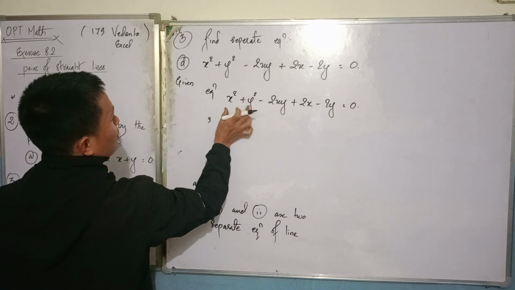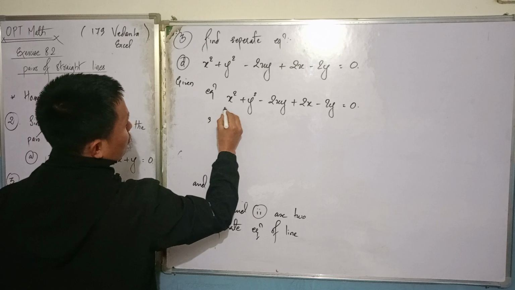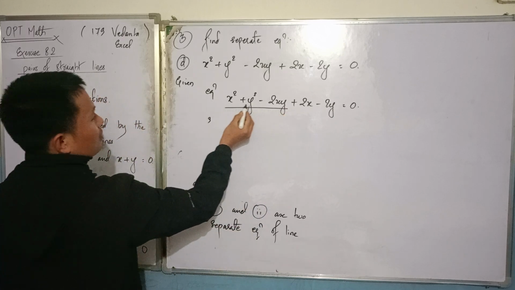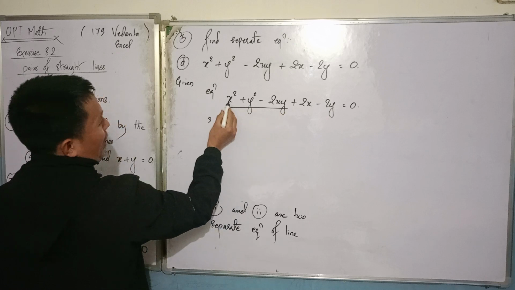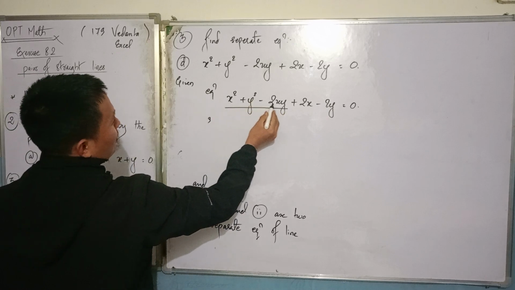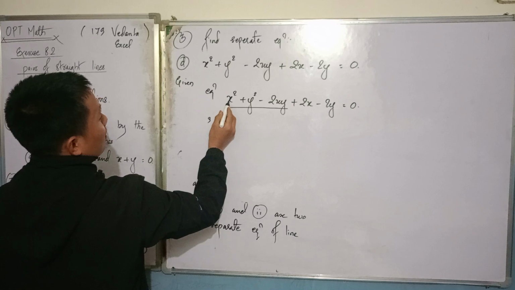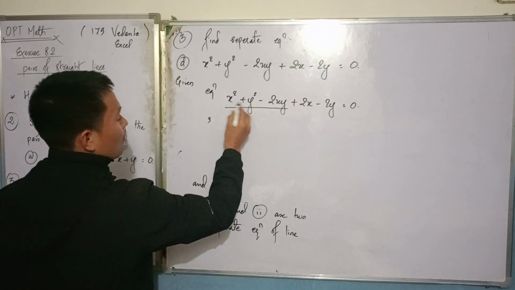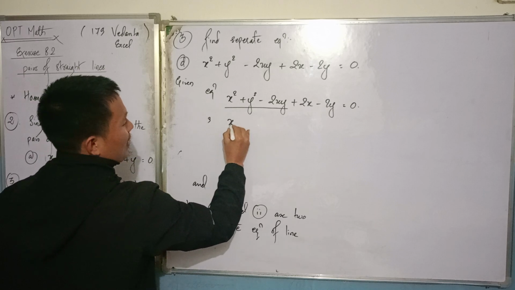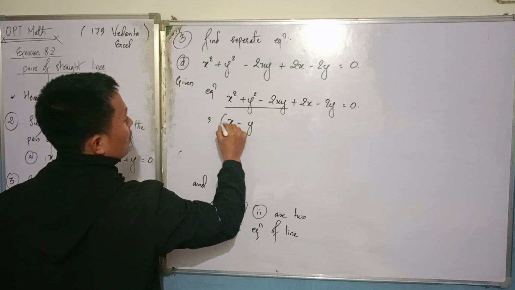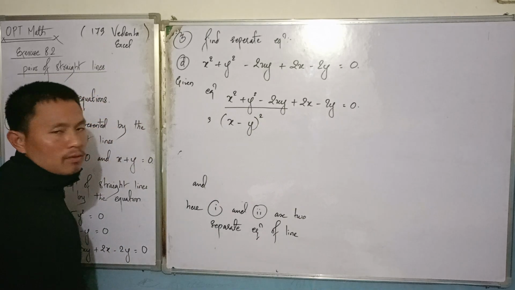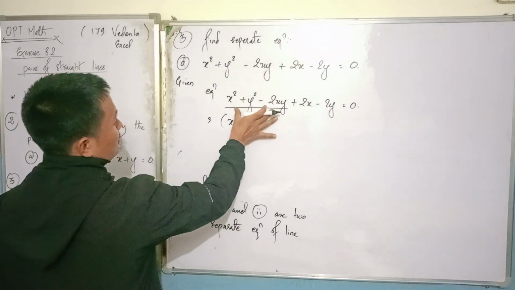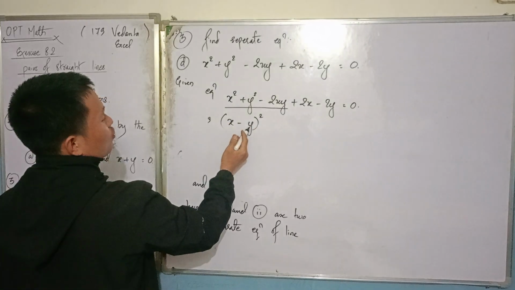Here, try to arrange this. Now, try to embed all together these three algebraic terms. So x squared plus y squared minus 2xy, or you can also say x squared minus 2xy plus y squared, will go into the formula of x minus y whole square, right? Okay, so these three terms can be expressed as x minus y whole square.